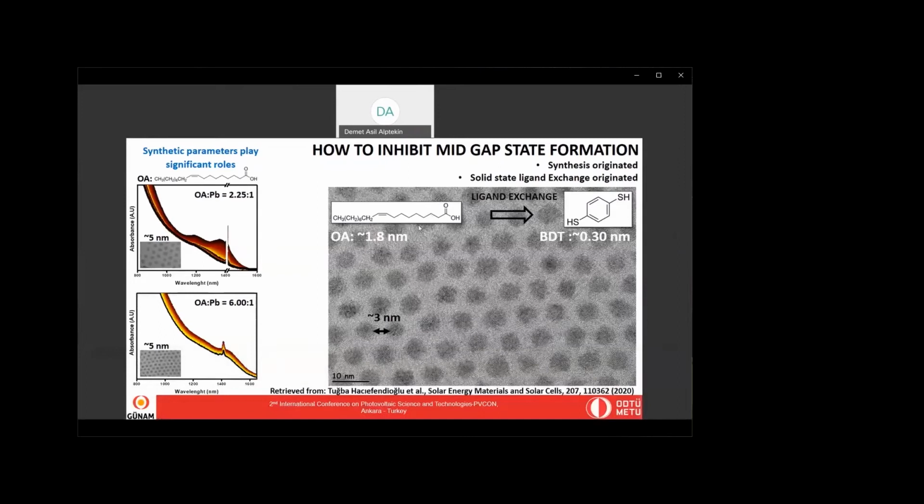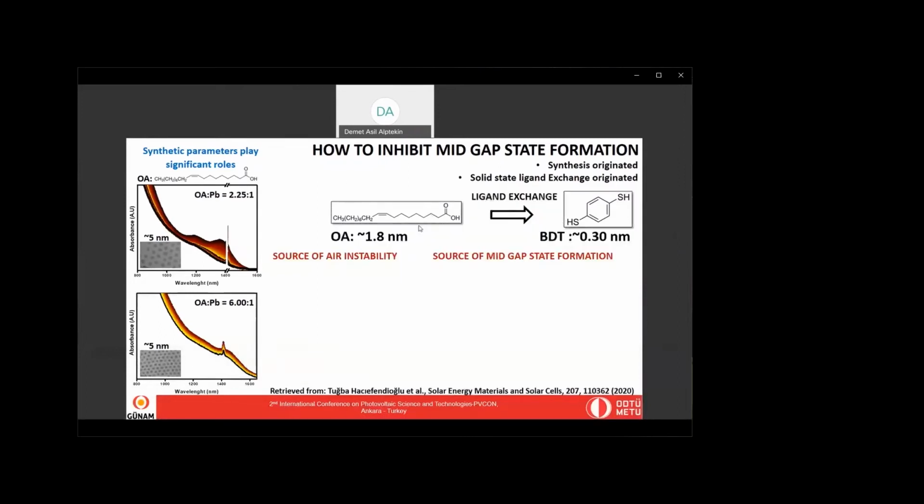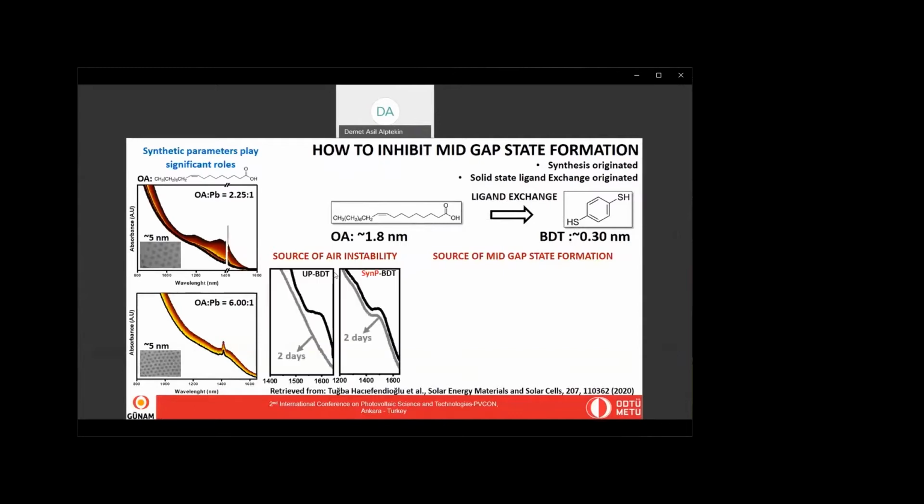But we discovered that ligand exchange is one of the main sources of air instability and main source of mid-gap state formation. As you can see, unpassivated quantum dots, when they are ligand exchanged with some organic molecules, easily oxidize in air, but passivated quantum dots are extremely air stable.